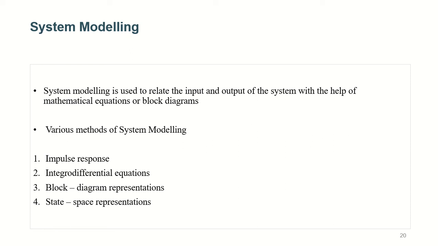Then there are differential equations. Then we have block diagram representation. Then we have state space representation. So these are the representation methods by which we can do the system modeling.